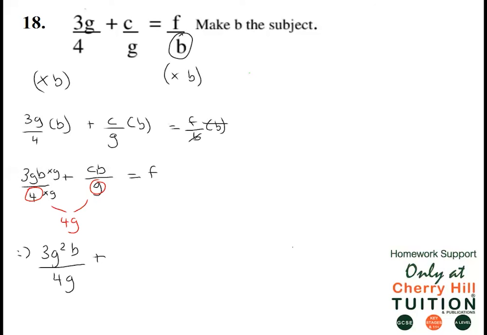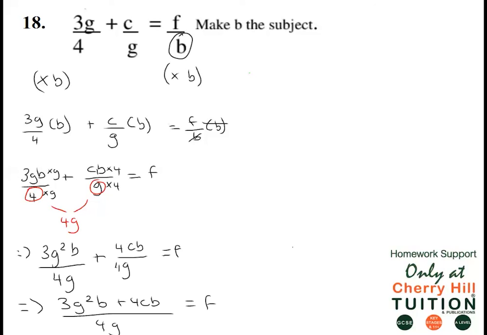For the second fraction, we can multiply this by 4 and the top by 4, leaving us with 4cb over 4g, and this is equal to f. Okay, so now that the denominators are the same, we can combine this into 3g squared b plus 4cb over 4g is equal to f.